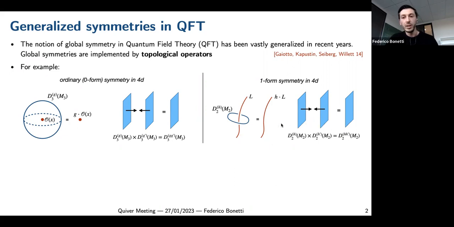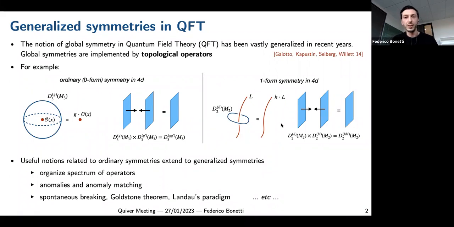In terms of why it's interesting to think about these generalizations in the first place, it has been observed, and it's ongoing research, that many notions that we associate with ordinary symmetries and that are very useful in the study of the dynamics of QFTs can indeed be extended in useful and fruitful ways to the realm of generalized symmetries.